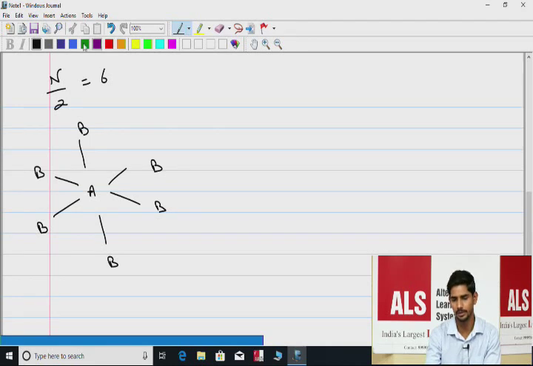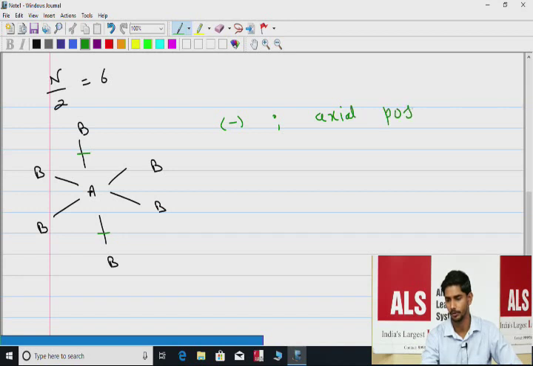Now guys, look at this. n by 2 represents the number of sigma bonds. The bonds in green dash are axial positions, or we can say these are the axial bonds, whereas in red are equatorial positions.